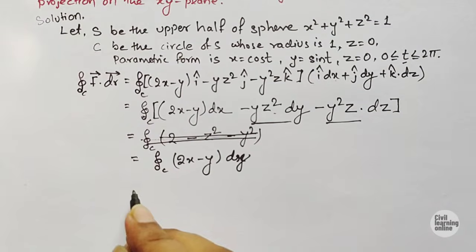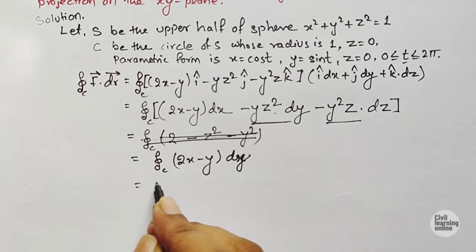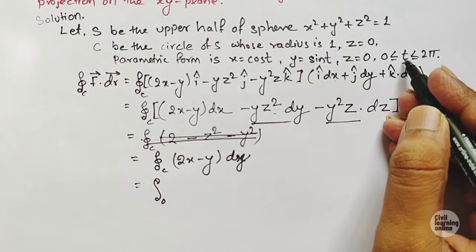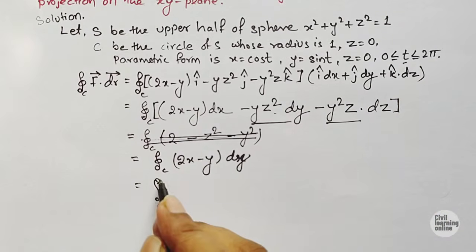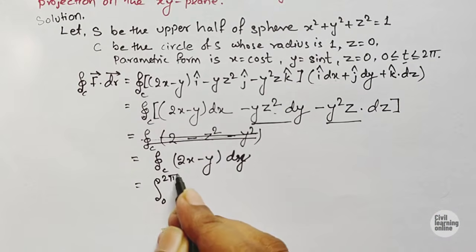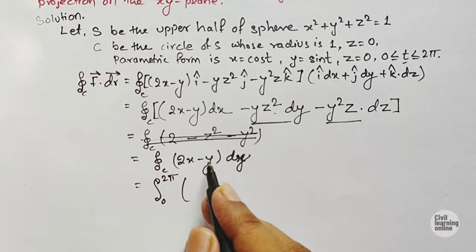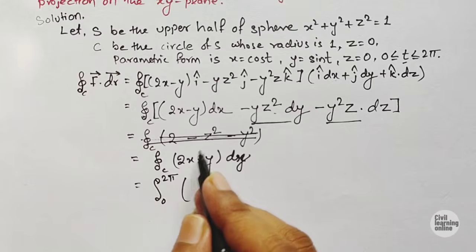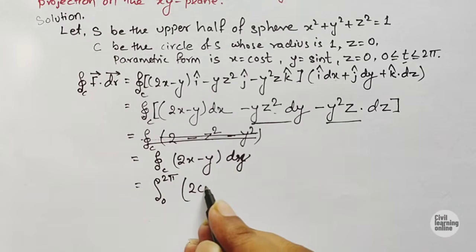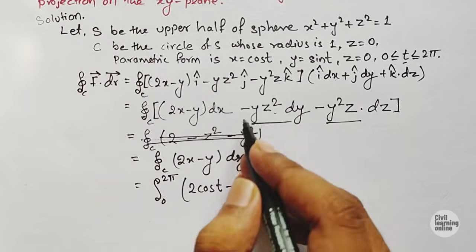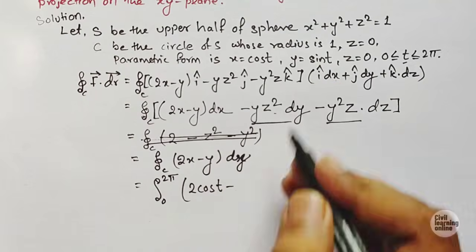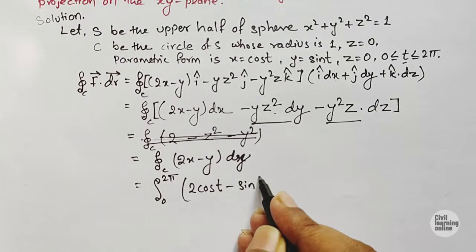Now the limit in terms of x is varying from 0 to 2 pi. Our value of t is varying from 0 to 2 pi, and we have to write x in terms of t, and y also in terms of t. So x equals cos t, so 2 cos t minus y, which equals sin t, so sin t.